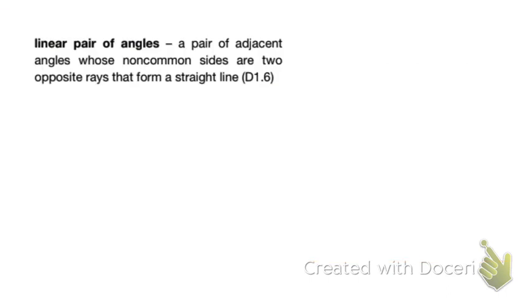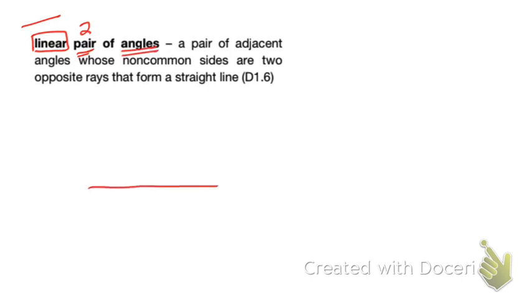A linear pair of angles is a pair of adjacent angles with non-common sides where two opposite rays form a straight line. If you think of it, linear means straight line, a line, and a pair means that we have two of them, and angles.